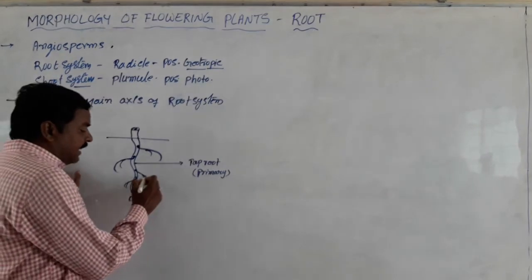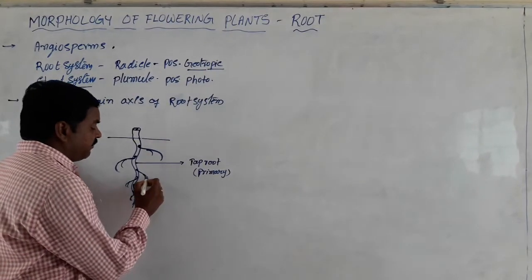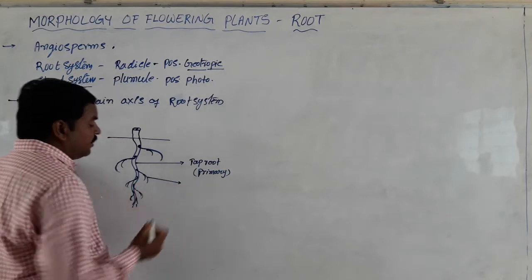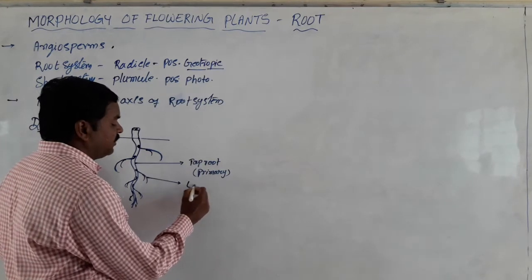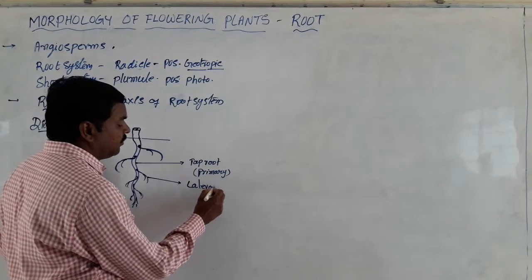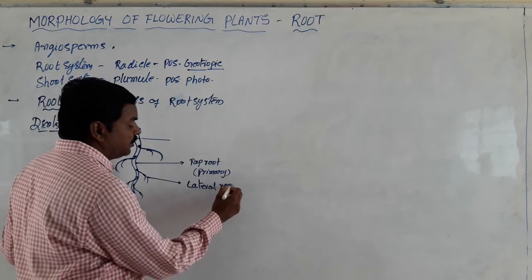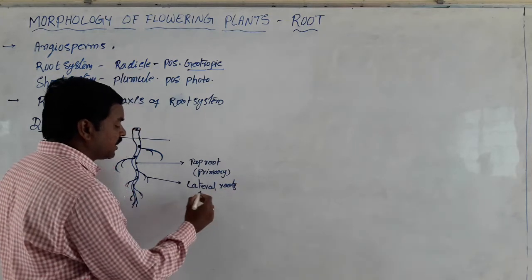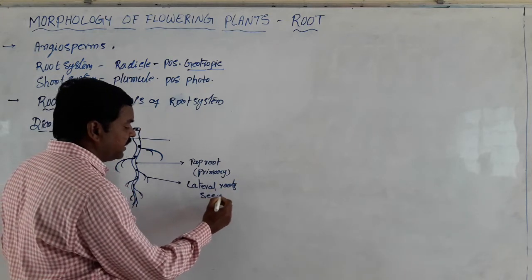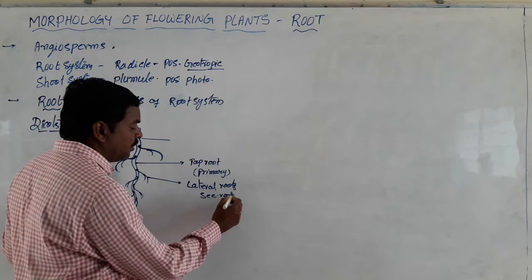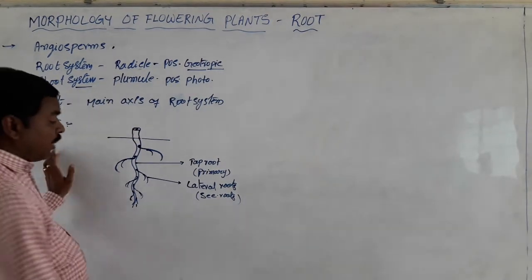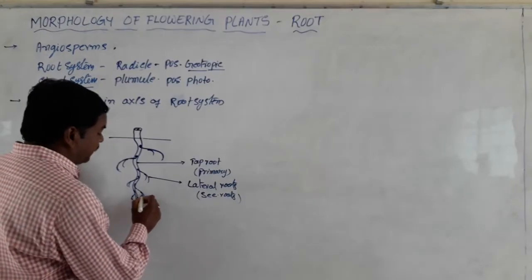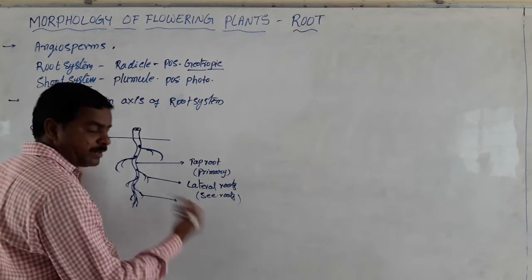The taproot also divides into some branches. They are called lateral roots. These lateral roots are also called secondary roots. Now these lateral roots are also divided into branches.